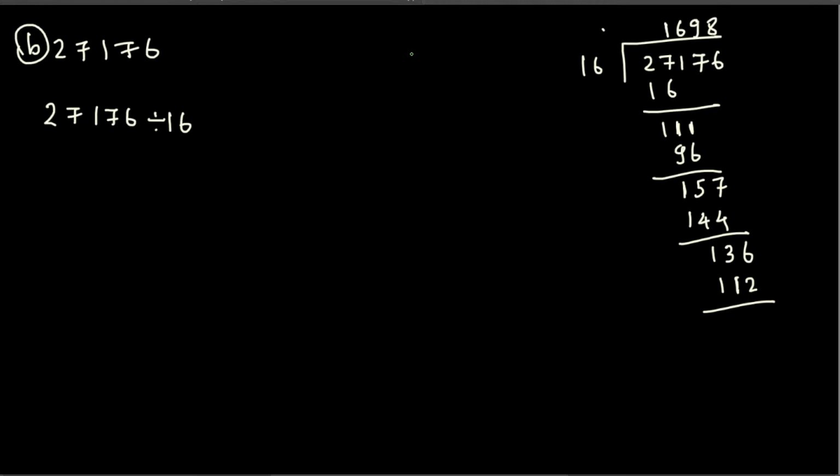Okay, let me double check. 16 times 7, and 16 times 8 is this one plus 16, that is 128. Okay, we can have 128.